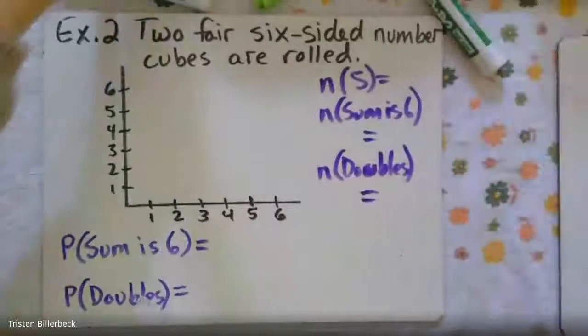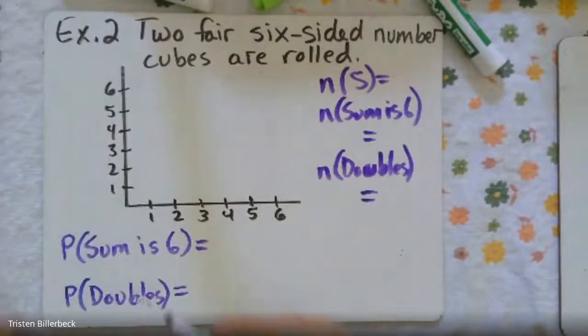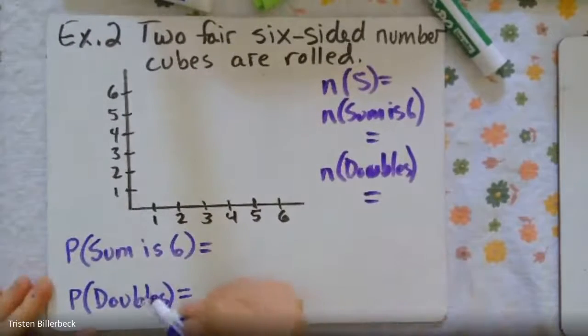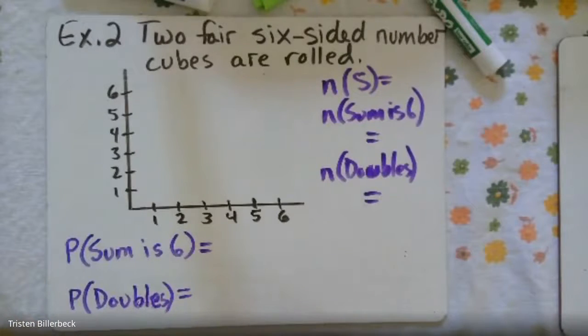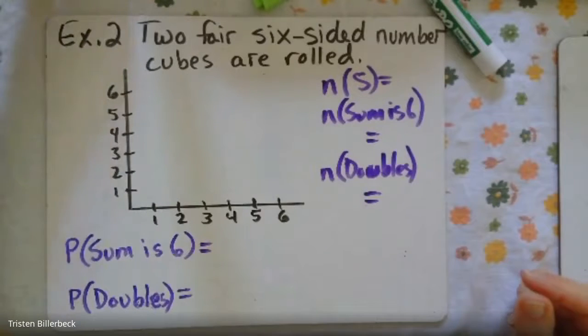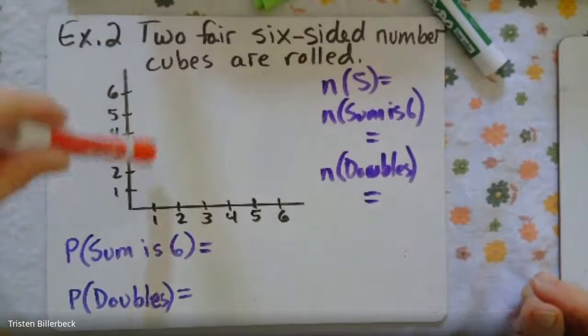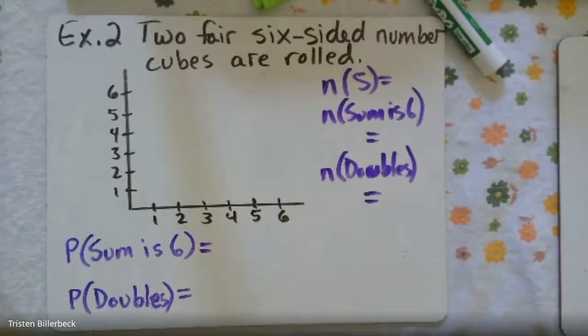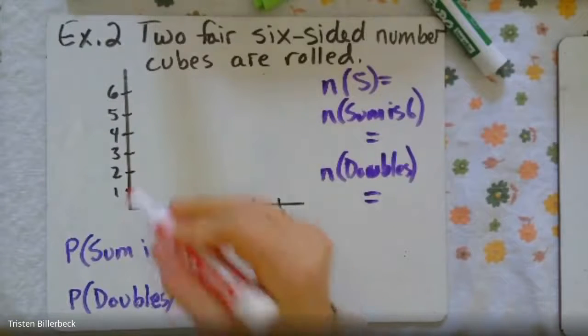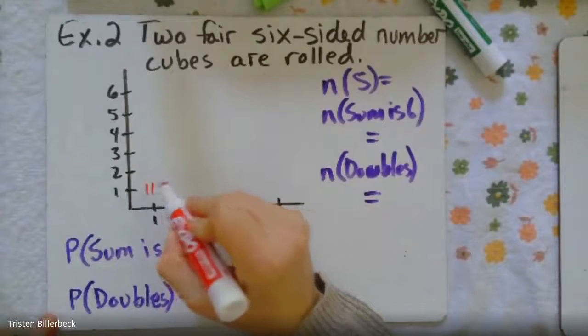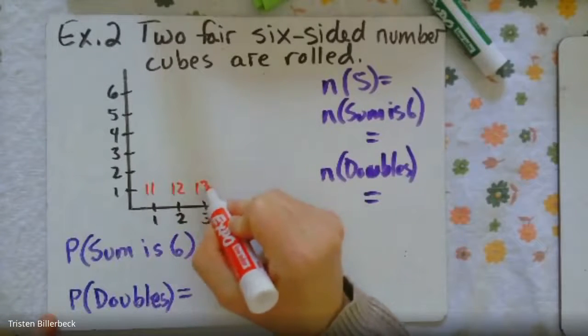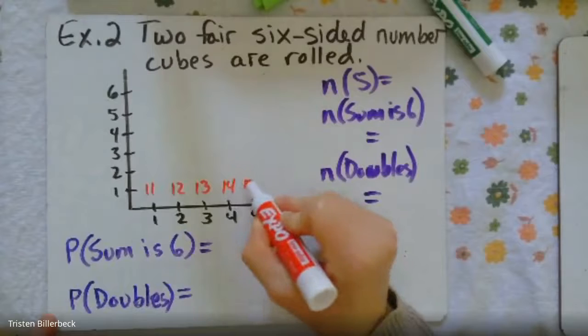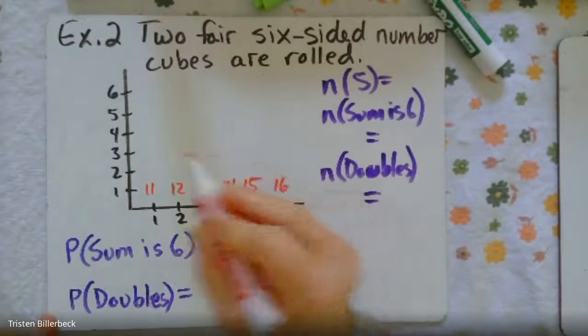All right, so let's look at this one. We have two fair six-sided dice, or we could say 6-sided number cubes, that are rolled. This is going to take a little time here. We're going to look at how many there are. So we have 1,1; 1,2; 1,3; 1,4; 1,5; 1,6.